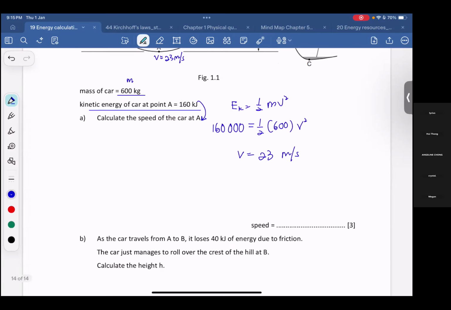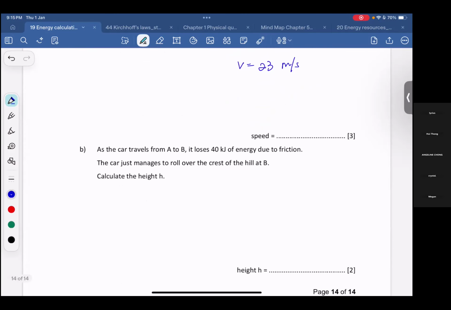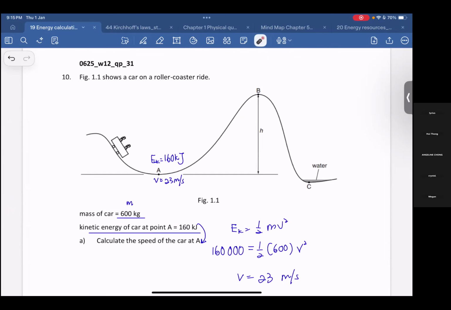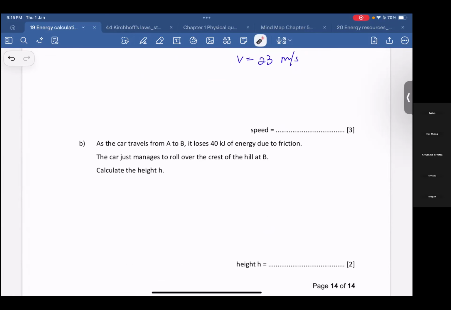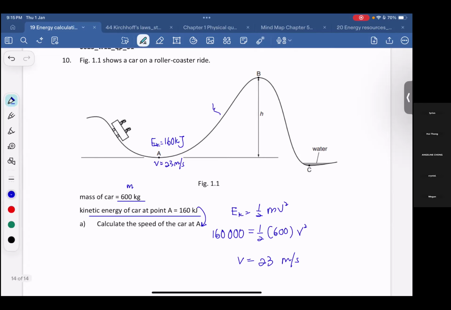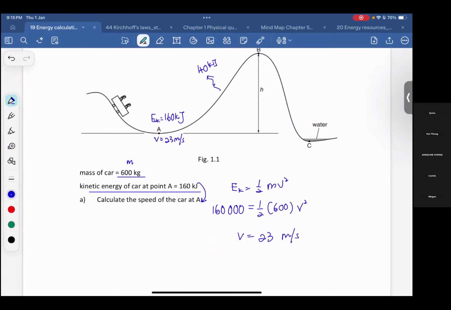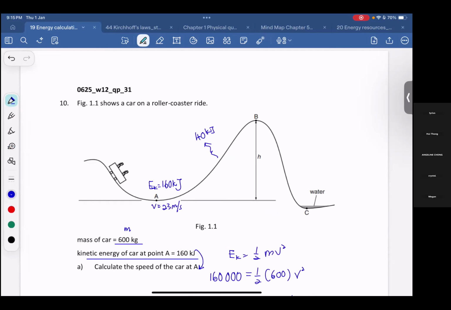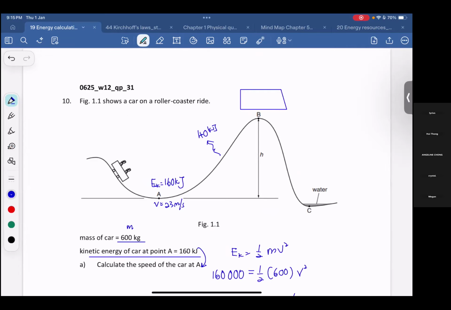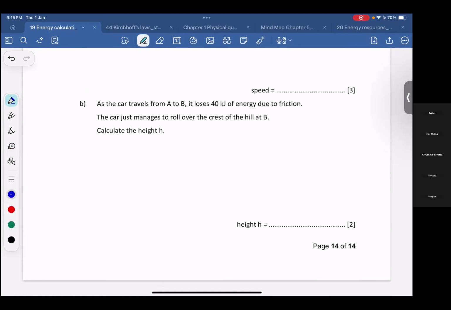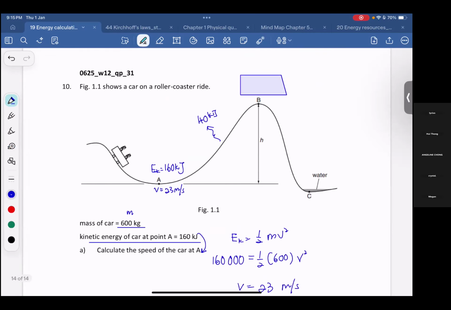Okay, then next question. As the car travels from A to B, it lost 40 kilojoule of energy due to friction. So that means that there is some energy lost, 40 kilojoule. So until here, how much energy will you get here? The question said to calculate the height. Okay, 160 kilojoule of energy at point B is our GPE, right?